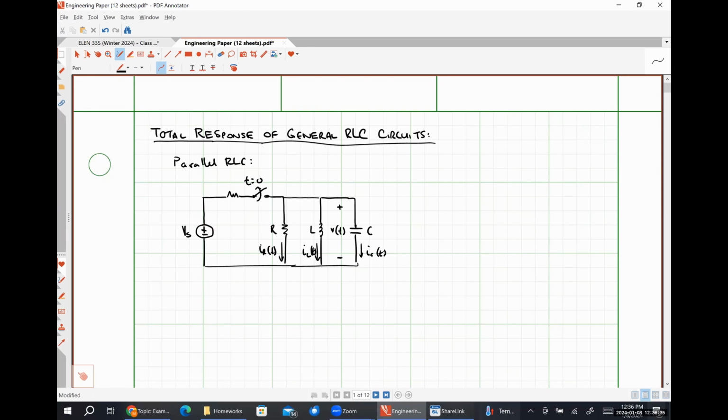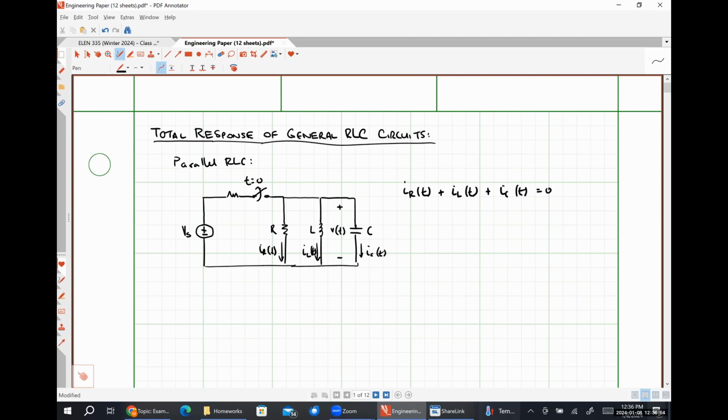So if we were to apply Kirchhoff's current law, we would find that IR plus IL plus IC all equal together to make 0.